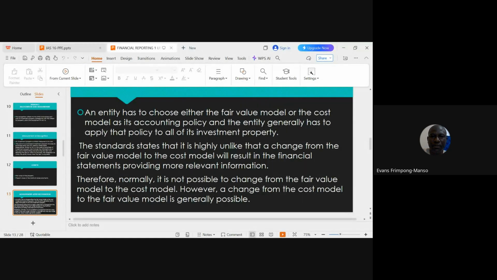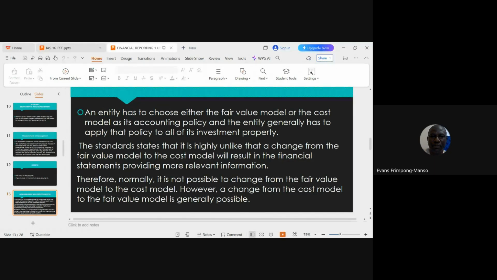Let me go through this line. It's very important. An entity has to choose either the fair value model or the cost model as its accounting policy, and the entity generally has to apply that policy to all of its investment property. The standard states that it is highly unlikely that a change from the fair value model to the cost model will result in the financial statements providing more relevant information.